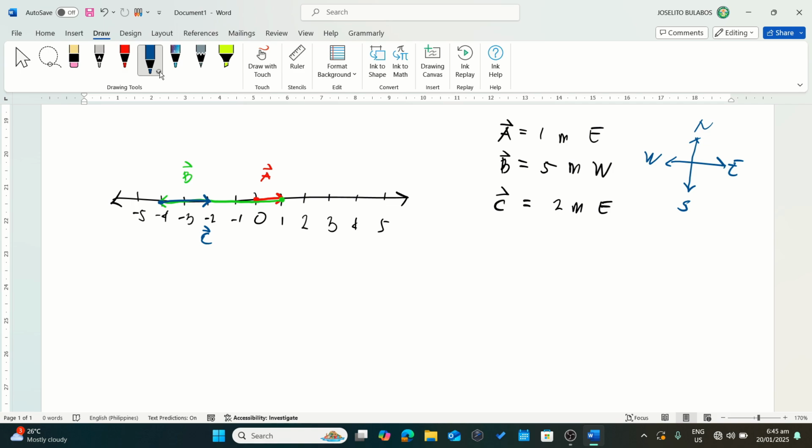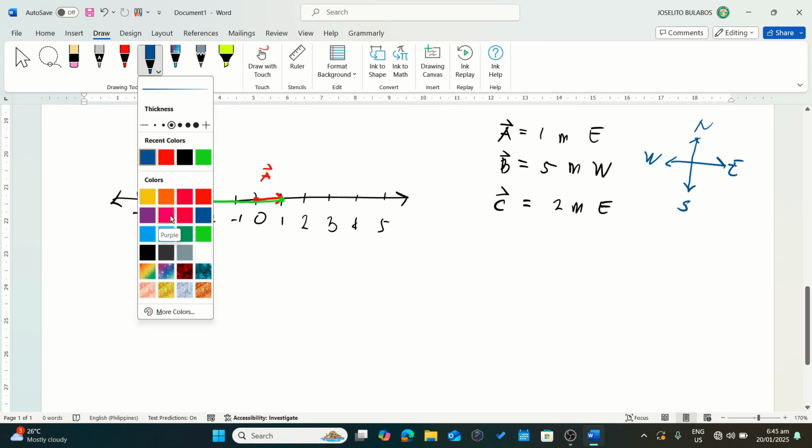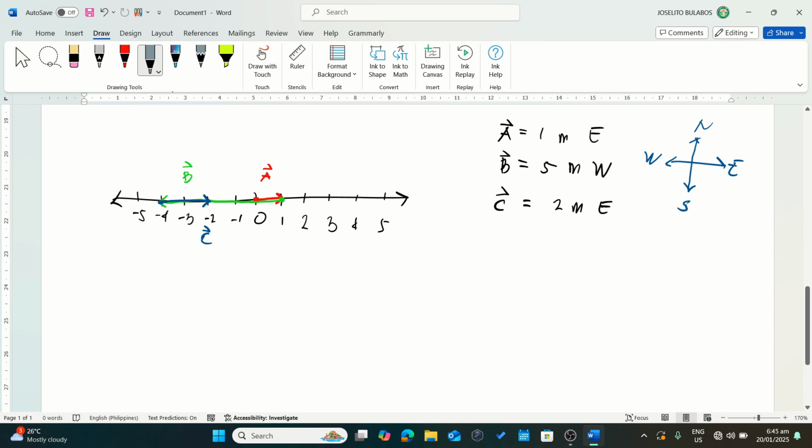Now, what we can do here is actually find the resultant, where the resultant is nothing but a line that connects the origin to the head of the last vector, and the head of the last vector is here. So we have to count. The answer here is 1, 2.